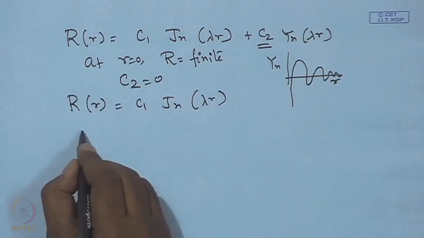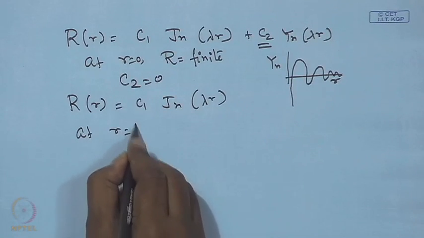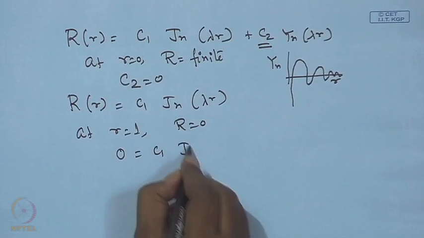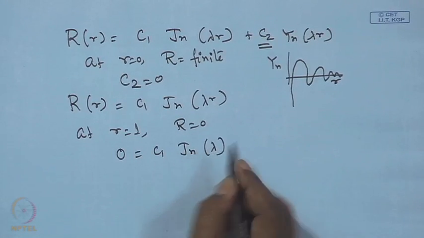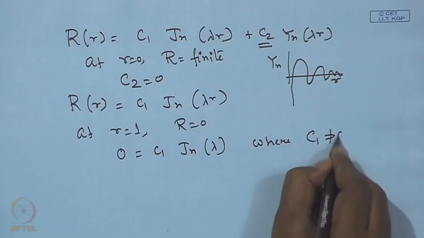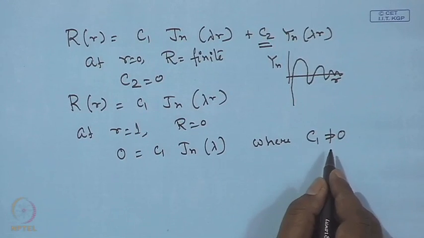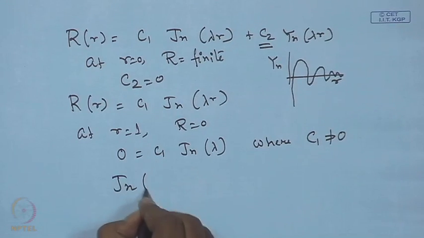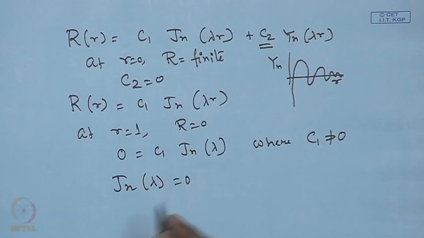Now, we utilize the other boundary condition, at r equal to 1, capital R is equal to 0. So, 0 is equal to C 1 J n lambda, where C 1 is not equal to 0. If C 1 is equal to 0, then we are going to get a trivial solution. So, the other option is J n lambda equal to 0. Now, what is this lambda?